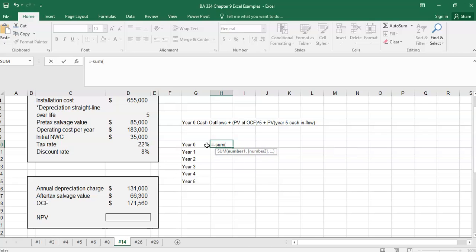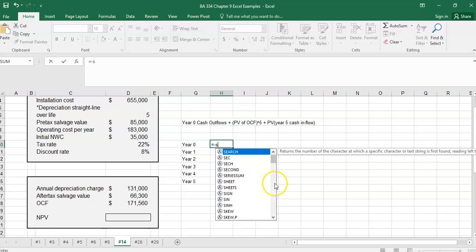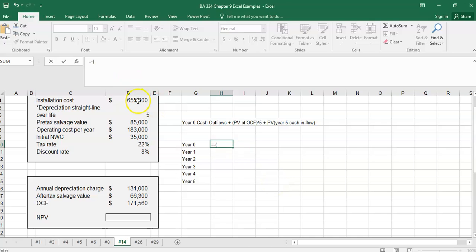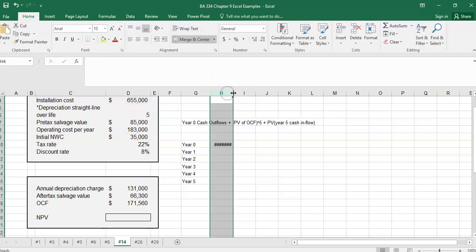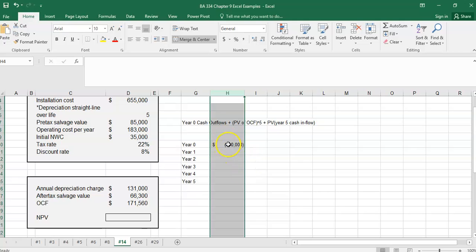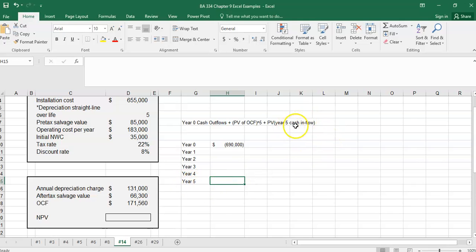So it is the installation cost plus our initial net working capital. So that gives us our year 0. Then we have 5 years of cash flows, and additionally, in year 5, we get our after-tax salvage value plus the release of our net working capital.